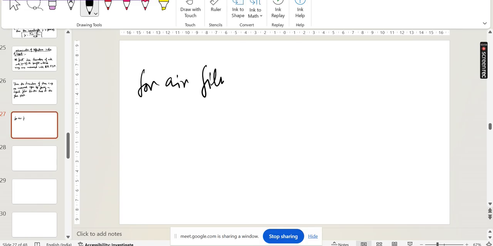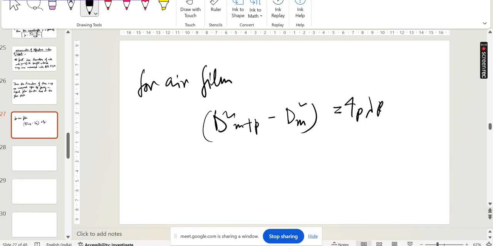Your film equation is: diameter of m plus pth ring whole square minus diameter of mth ring whole square, and the difference is 4p lambda R. We are taking like 5 inches for simplicity.